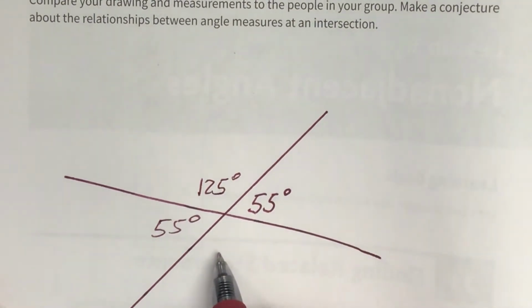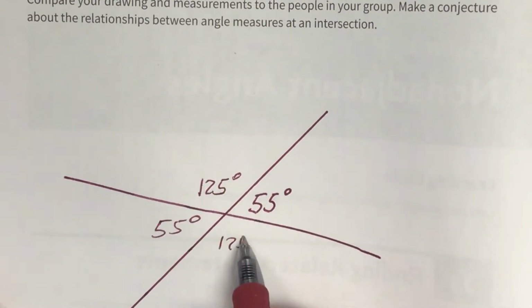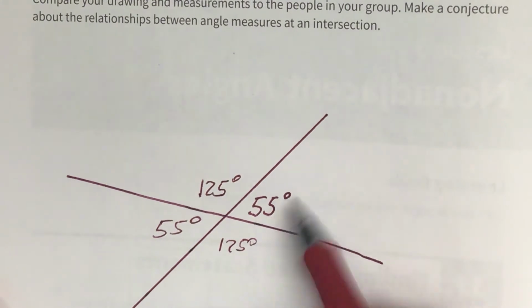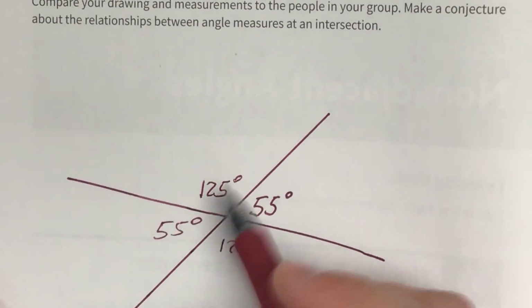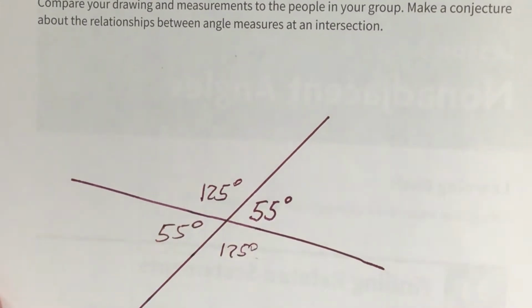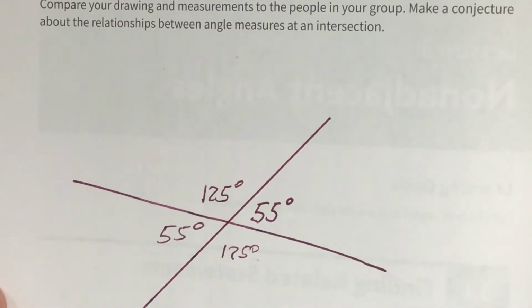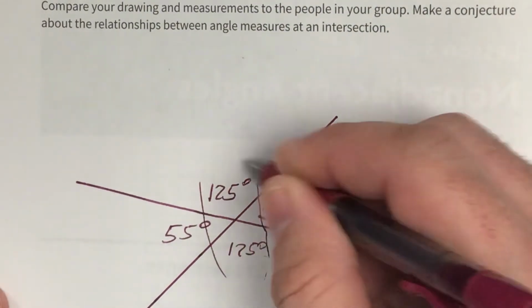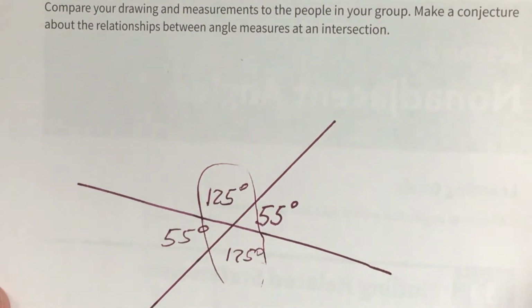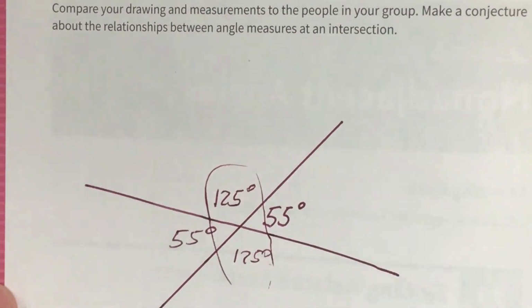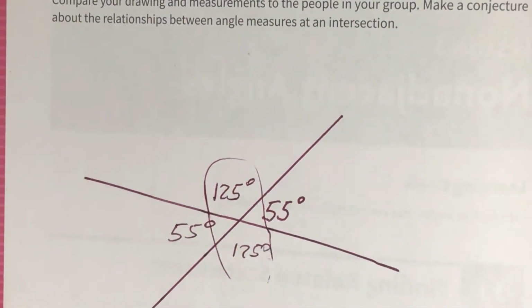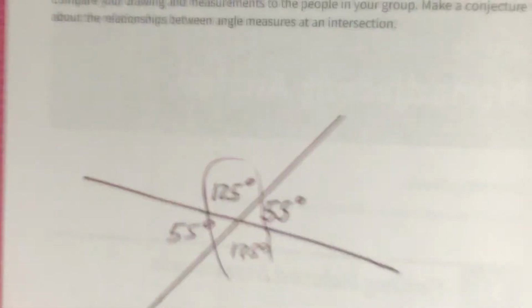So what do you think this one has to be? 125. And look, these two add up to 180, these two add up to 180, these two add up to 180, all the way around. Vertical angles: angles across from each other are equal. If I add up all of those, what do you think I'd get? 360. It goes all the way around.